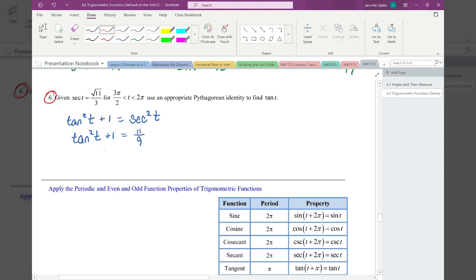And we can subtract 1 from both sides. And then we get that the tangent squared of t is equal to 2 over 9. And then we can take the square root of both sides. And when we do that, we get that the tangent of t is the square root of 3 over 2.